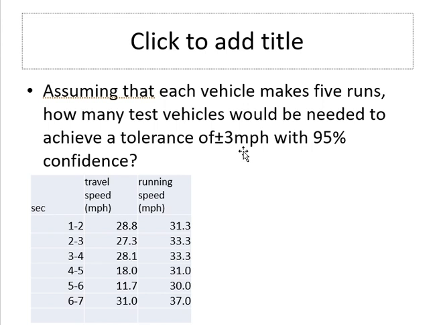Where capital N is the number of values I have. I have how many values? 6. So N is 6. Then x bar is the mean of these values. How much is the mean? For which column?